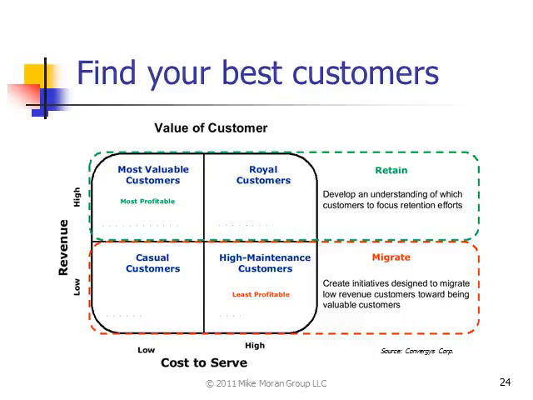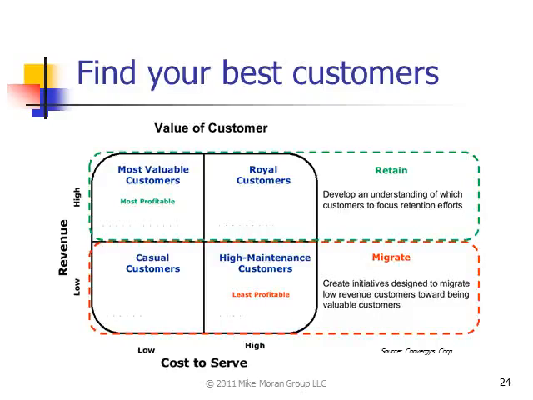Well, if you've got customers that are low cost to serve, but also low revenue, we'll call them casual customers. Those casual customers are not terribly important, but they're okay.